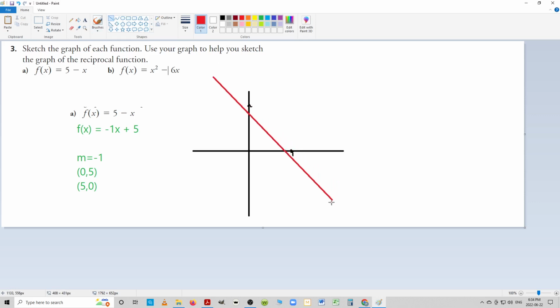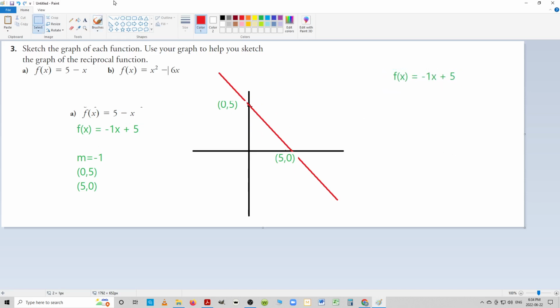What were those 2 points? Well, let's mark them down. They were 5, 0 and 0, 5. What's the beautiful thing about reciprocals? They have switched numbers. And this is one of the weird cases where the reciprocal of this will be the reverse.